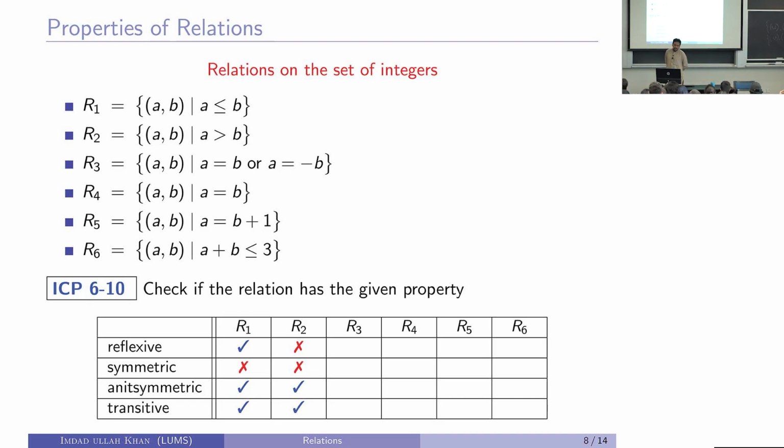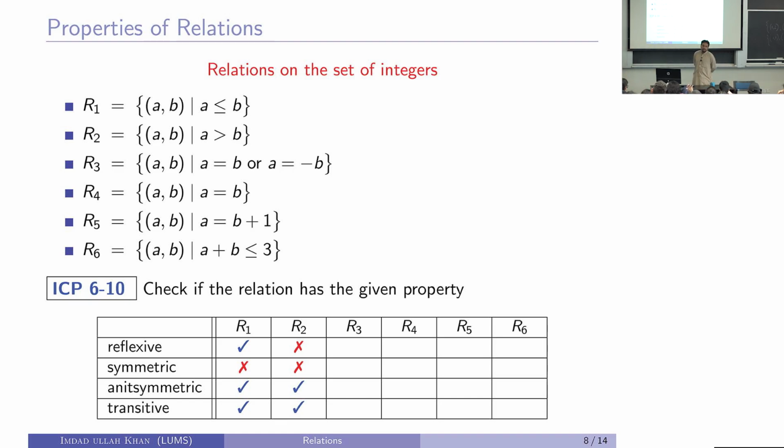Is it symmetric? Yes, that's exactly because addition is commutative. If A plus B is less than or equal to 3, then B plus A is also less than or equal to 3. Is it antisymmetric? Yes or no? Why not? What would it mean to be antisymmetric?